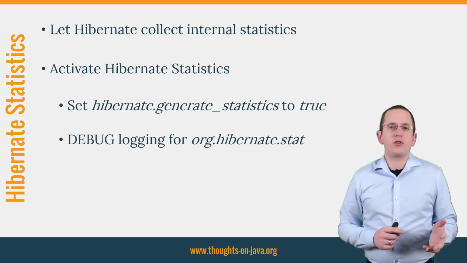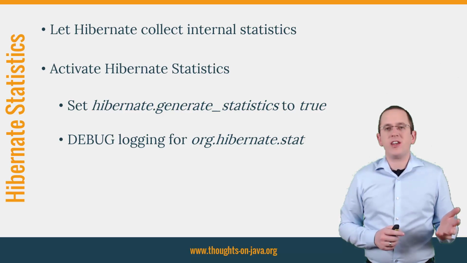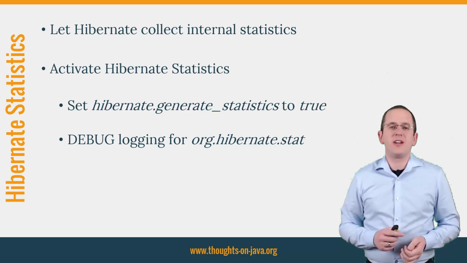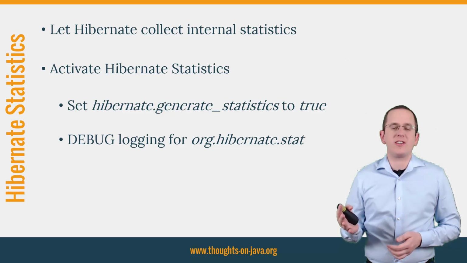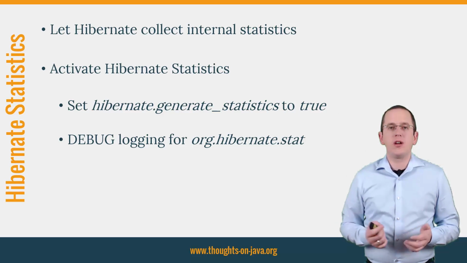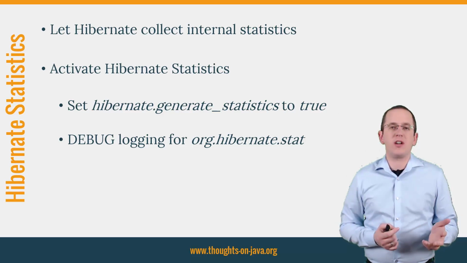While the performance issues are difficult to find on your test system, you can still see the inefficiencies if you have a look at the internal statistics. One way to do this is to activate the Hibernate Statistics component by setting the system property hibernate.generateStatistics to true, or by setting this parameter in the persistence.xml file.